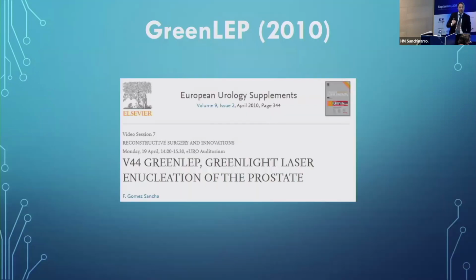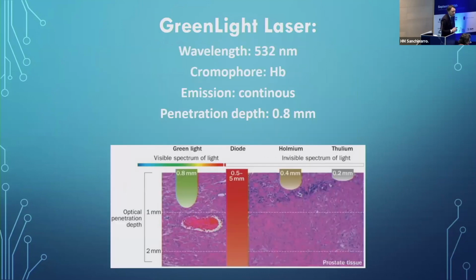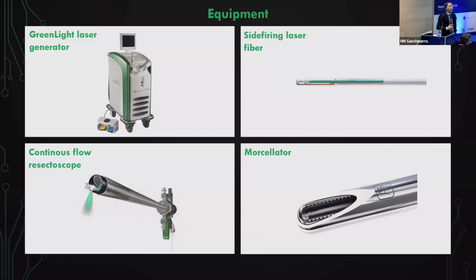But another factor is about the green light. So green light laser started with vaporization and then shifted to enucleation. Green light is deeper than holmium and thulium, 1 or 2 millimeters, so 10 times more.